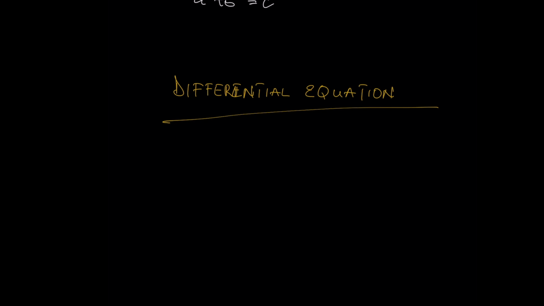So what is a differential equation? From the definition, a differential equation is an equation that contains one or more functions with its derivatives. Or it is an equation that contains one or more terms and the derivatives of one or more variables with respect to those variables.